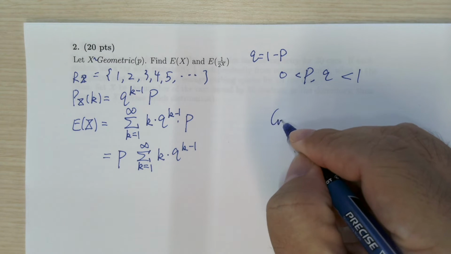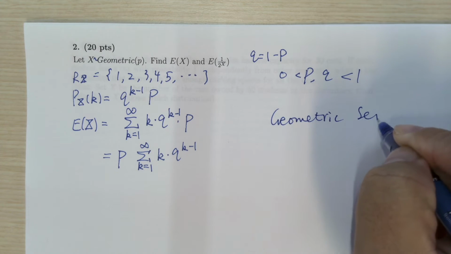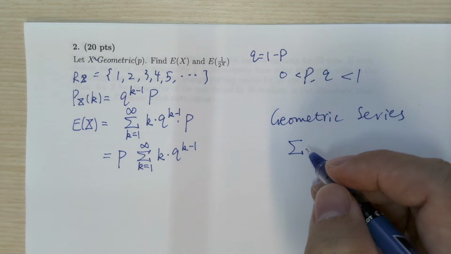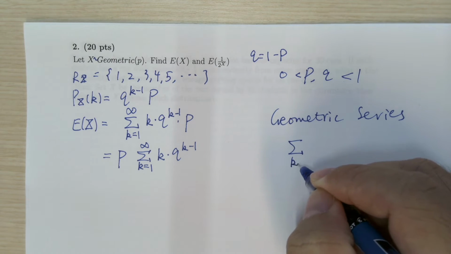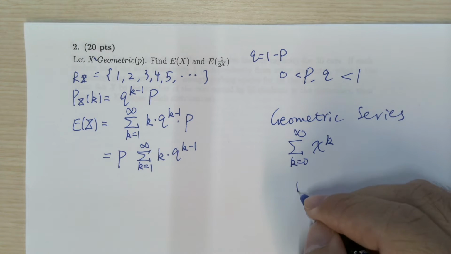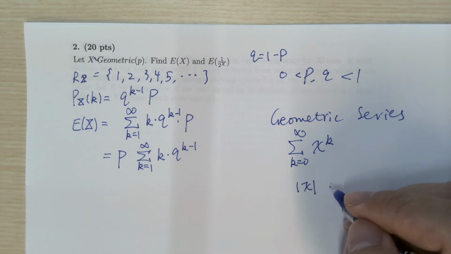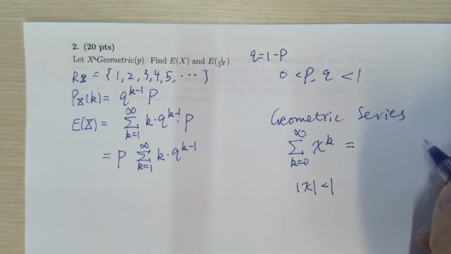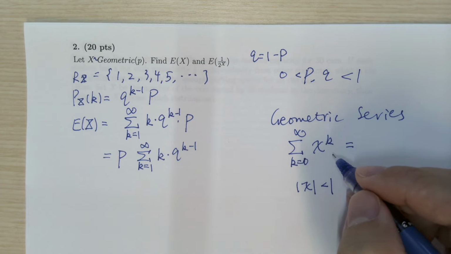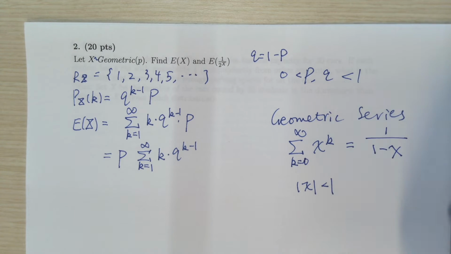So remember, if you have a geometric series, for example, the sum over k from 0 to infinity of x^k, provided that the absolute value of this common ratio x is less than 1, then the sum of this geometric series is going to be the first term, which is when k equals 0, over 1 minus x, that is 1 over 1 minus x. Okay, that's something we can handle.